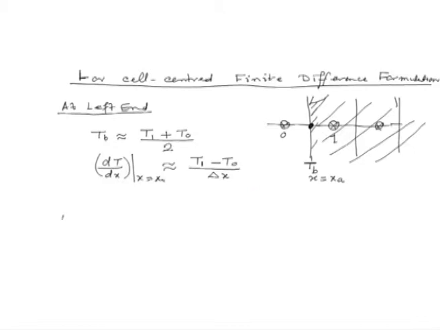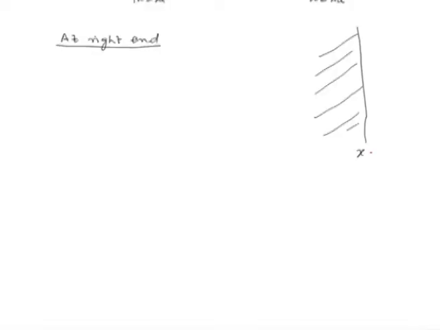Similarly, at the right end, let us redraw our domain. So, we are now at x is equal to xb, this is our computational node with the index n, and the n plus 1th node becomes now our ghost node.